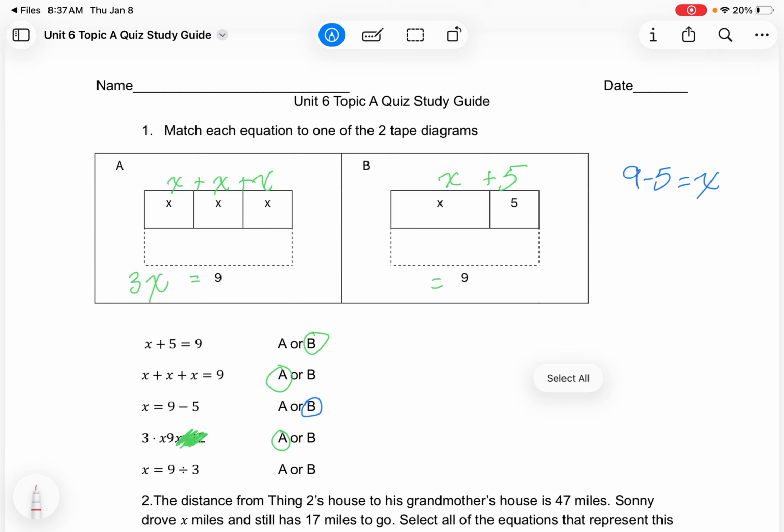Now, over here on A, to figure this one out, we would do 9 divided by 3 to get x. Well, x is 9 divided by 3. And so, there we go. Question 1 is done.